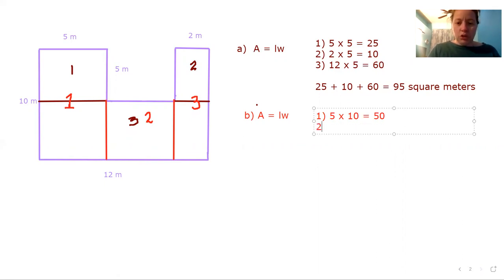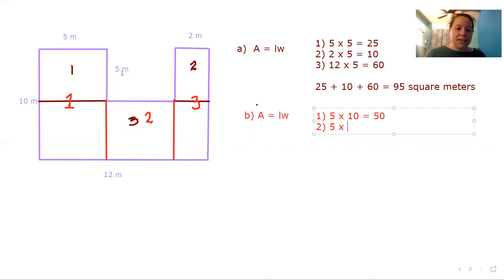For number 2, it ends up being 12 minus 2, which is 10, minus 5, which is 5. So this part right here is only 5. 5 times, and then I need to go on this side.